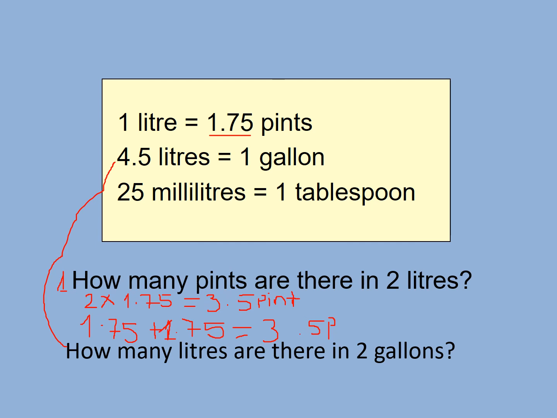Okay, same as we did before in question 1, we can do for question 2. We can either multiply or we can add. So we are going to say 4.5 plus 4.5 equals how many? 4.5 plus 4.5 liters equals 9 liters.